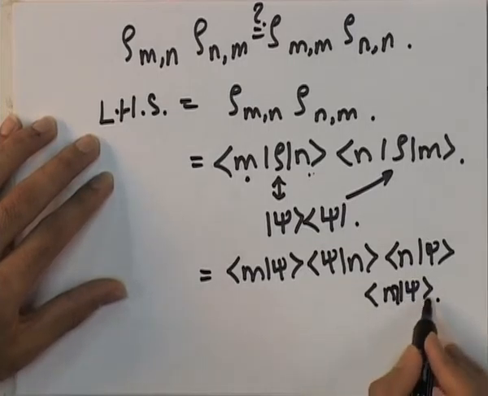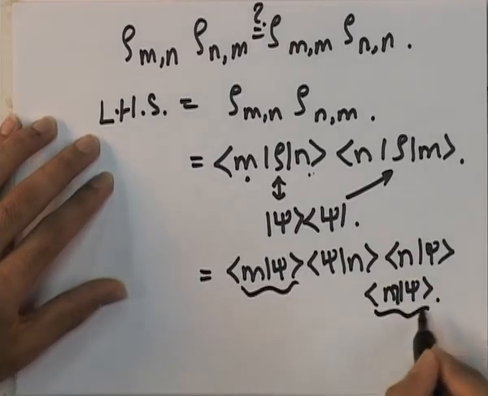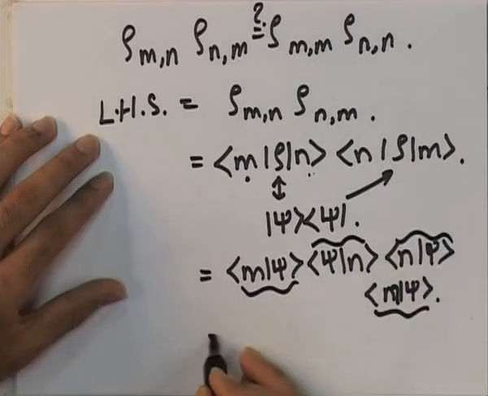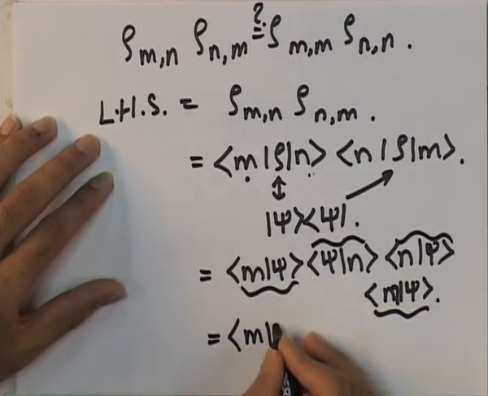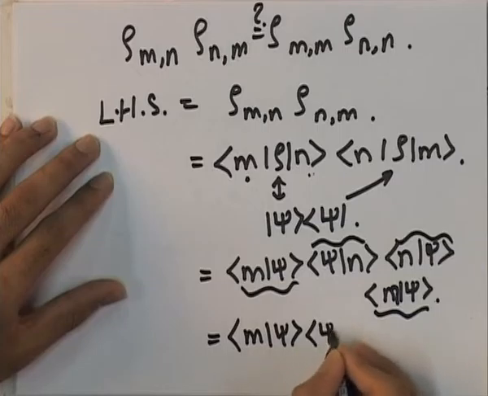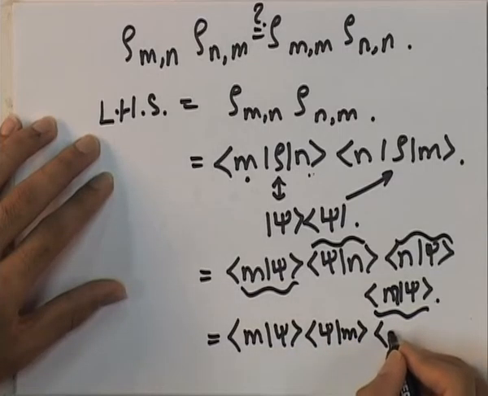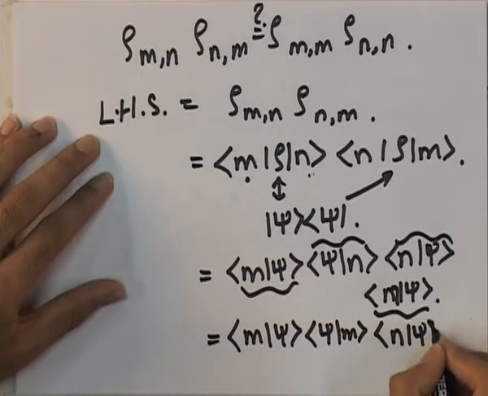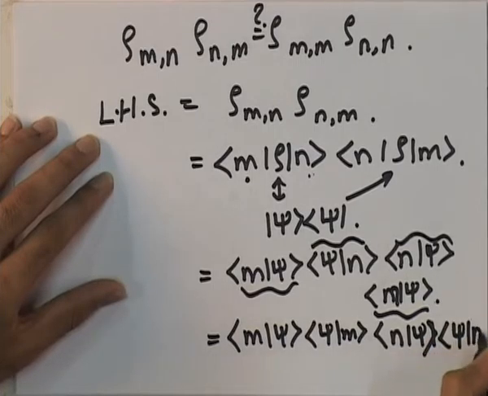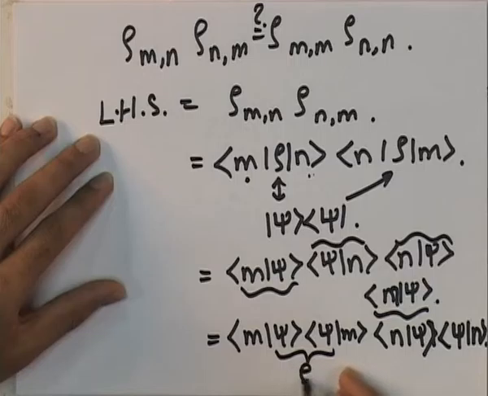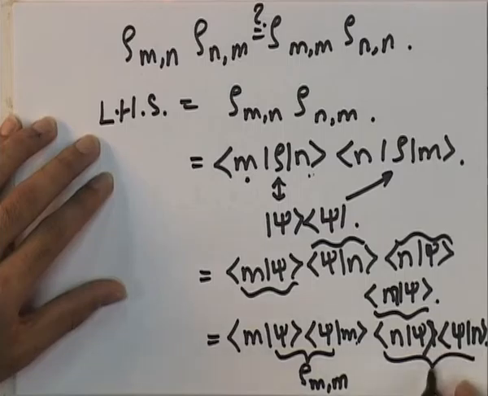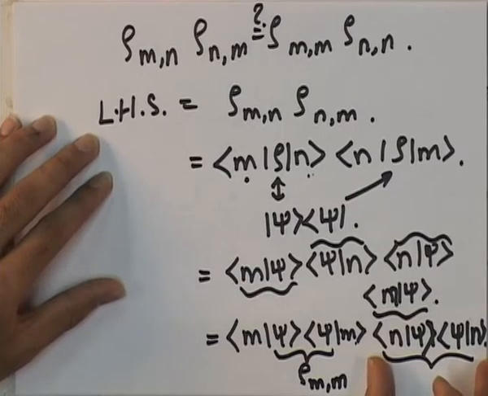If we just rearrange this and group these two together and these two together, we get <m|rho|m>, which is the mth diagonal element, while the other quantity is rho n comma n.